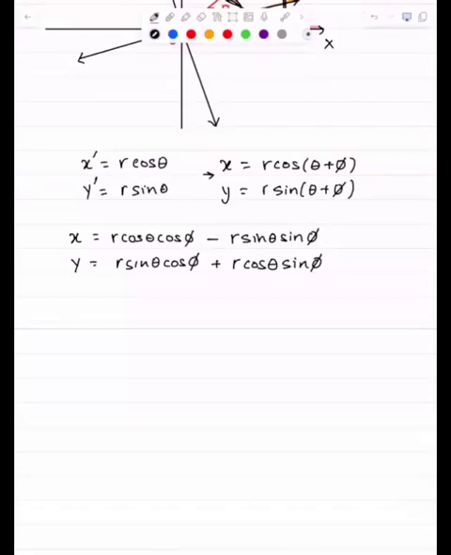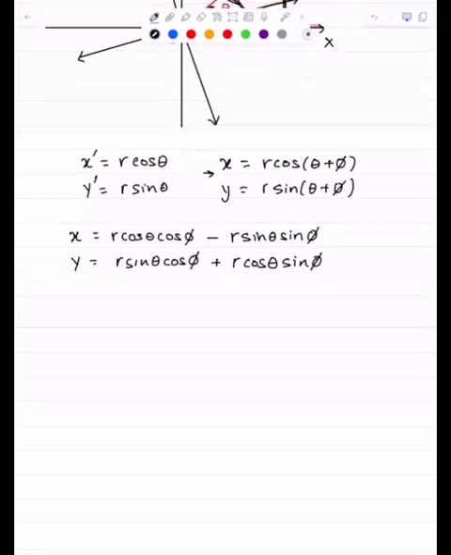Now let's just replace. We know our cosine theta times r is x prime, and our sine theta times r is y prime.